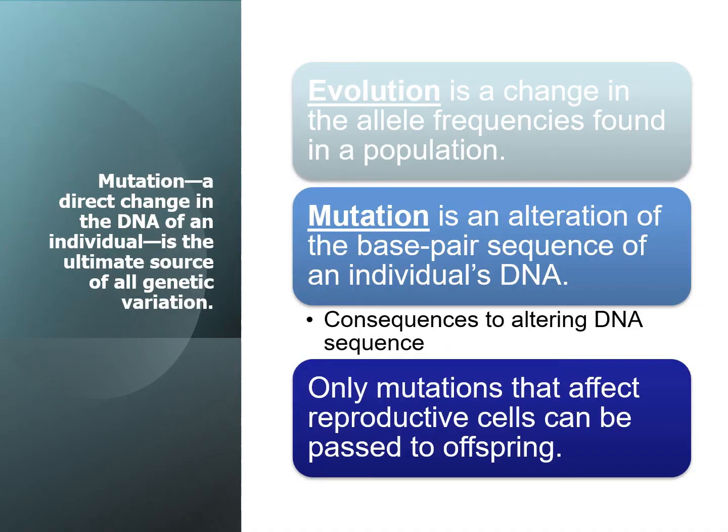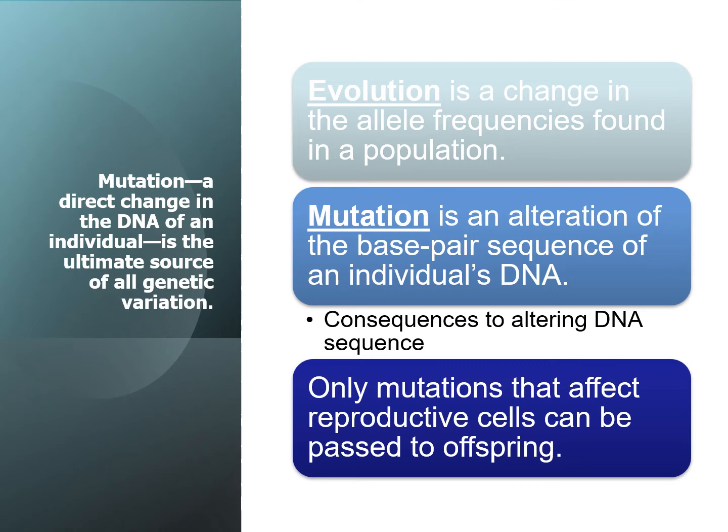So we are going to talk about a few of those mechanisms of evolution a little bit more closely. A mutation here, a direct change in the DNA of an individual, is the ultimate source of all genetic variation. Incredibly important.